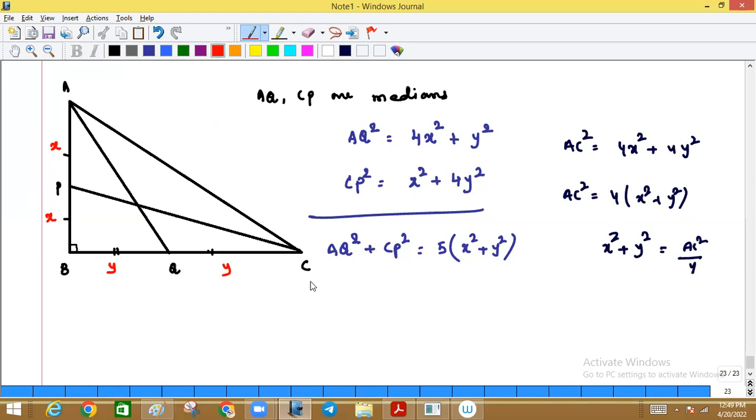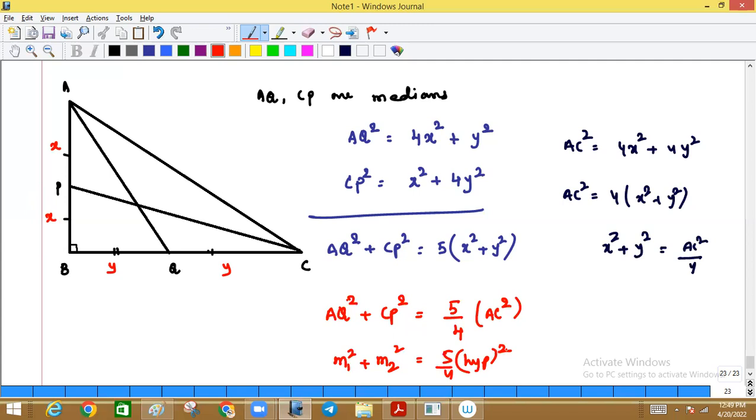Therefore, the final formula is median 1 square plus median 2 square drawn on the legs of right angle triangle is 5/4 of hypotenuse square. Median 1 square plus median 2 square is equals to 5/4 of square of hypotenuse. Right? Copy that.